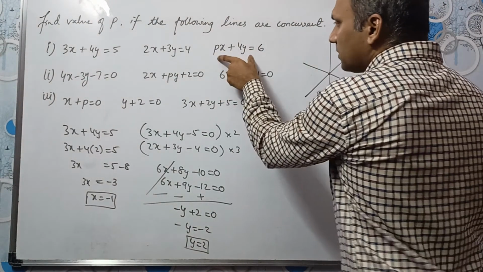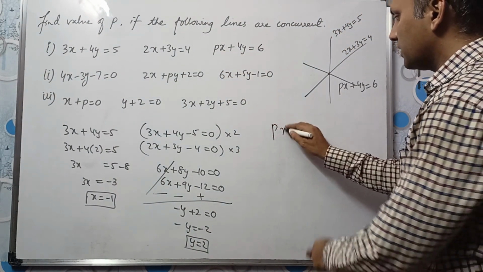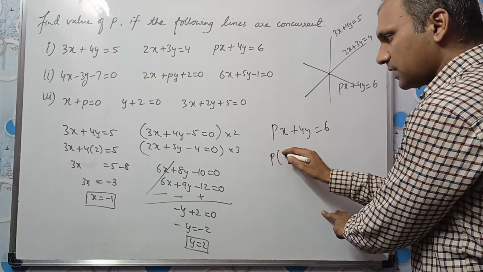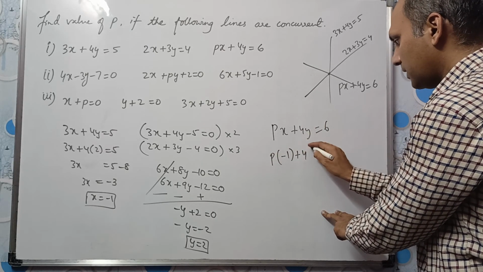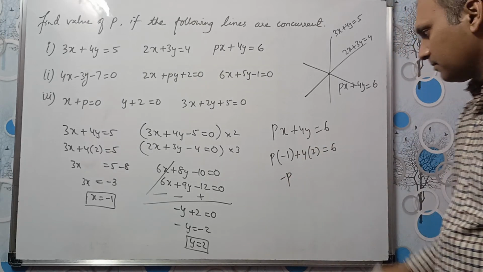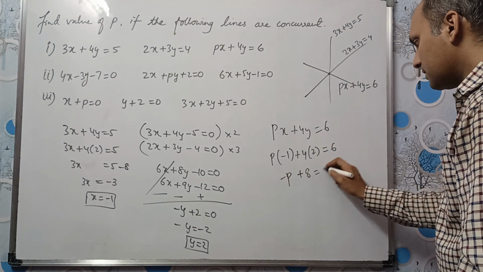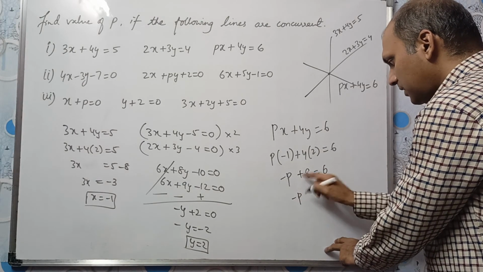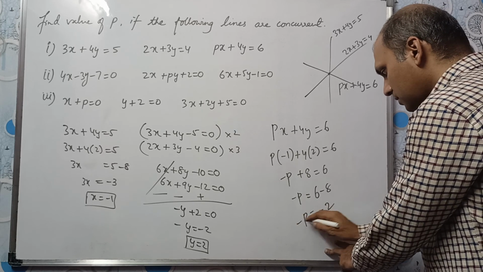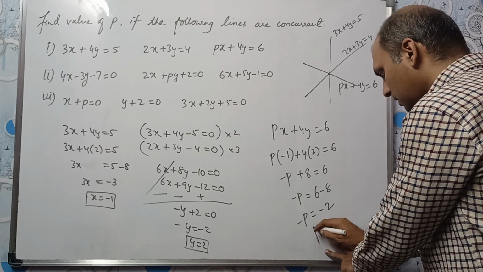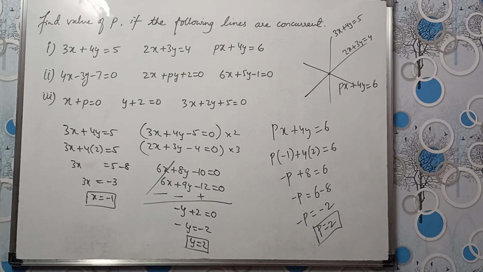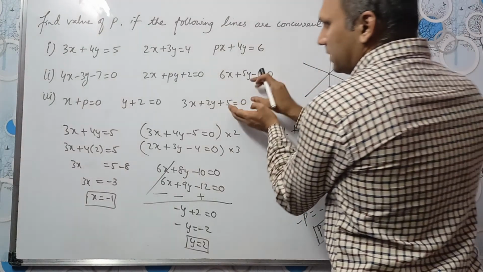Let us substitute that minus 1 and 2 in the third equation, px plus 4y is equal to 6. So p, x value is minus 1, plus 4 into 2 is equal to 6. Minus p plus 8 is equal to 6. Minus p, this 8 goes on the other side, minus 2. So value of p is equal to 2. Okay, so please solve the second and the third problems.